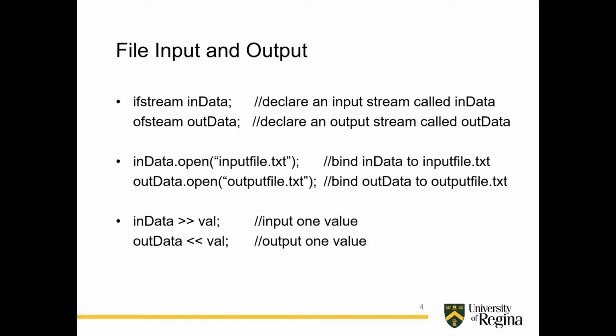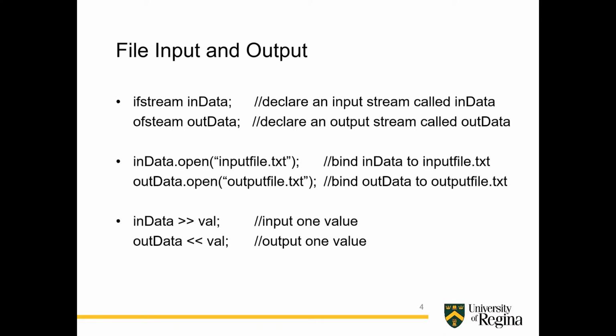You can name it anything else, but we use inData in here so that it is clear what this variable name does. And to be able to use an output stream, we declare an output stream called outData. So ofstream outData.